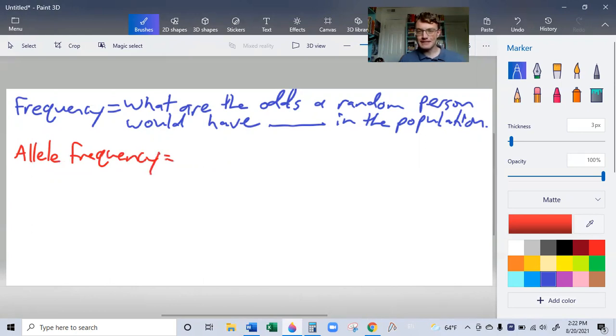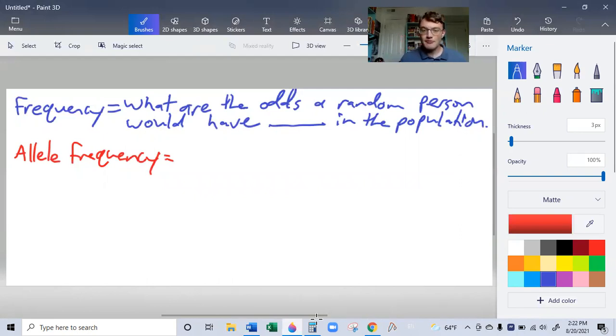An allele frequency is what are the odds that a random person in the population, if I grabbed a random person, would match one of the two alleles in that combination from the DNA sample, okay?